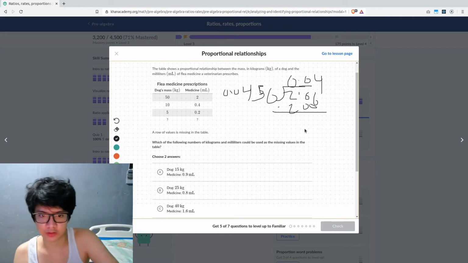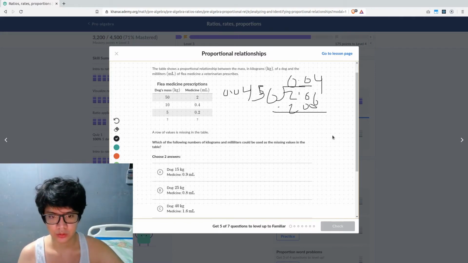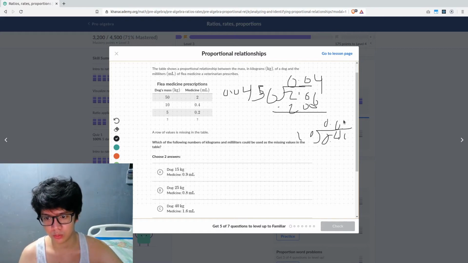So let's see if this actually works for that. So we have 0.4 divided by 10. So no. Wow, cool, okay.